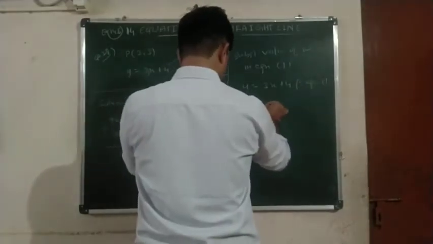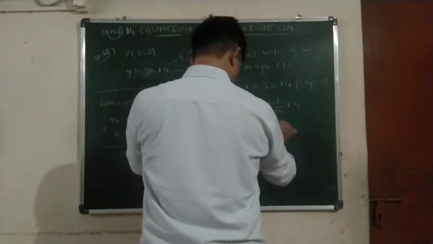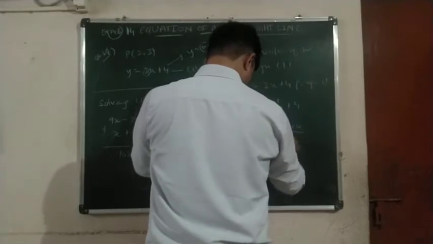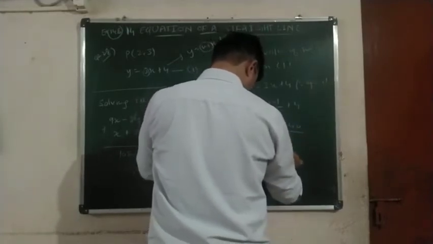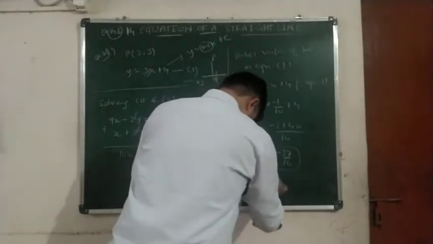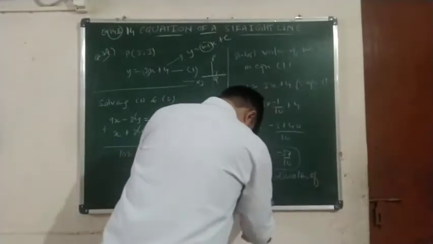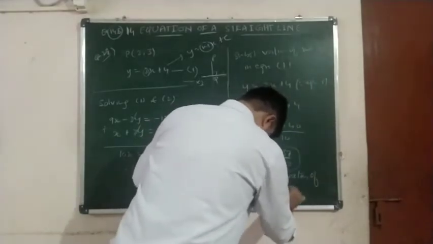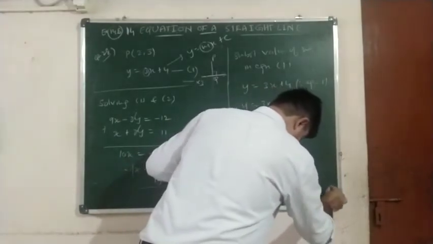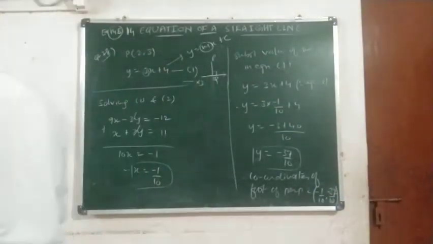Therefore y is equal to 3 into minus 10 plus 4, minus 3 plus 10 4 is 40, minus 37 by 10, and therefore coordinates of foot of perpendicular are minus 1 upon 10 comma minus 37 upon 10.